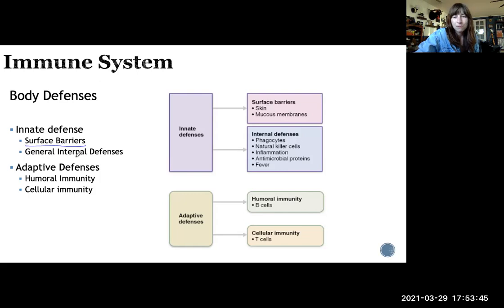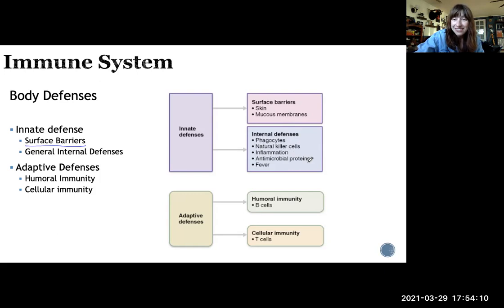It also includes other general internal defenses, which include biological defenses and all the cells associated with that. So you have phagocytes, which go around eating bad things, generally general bad things. You have natural killer cells, which go around killing general bad things. Inflammation, a response that your body has to general bad things.